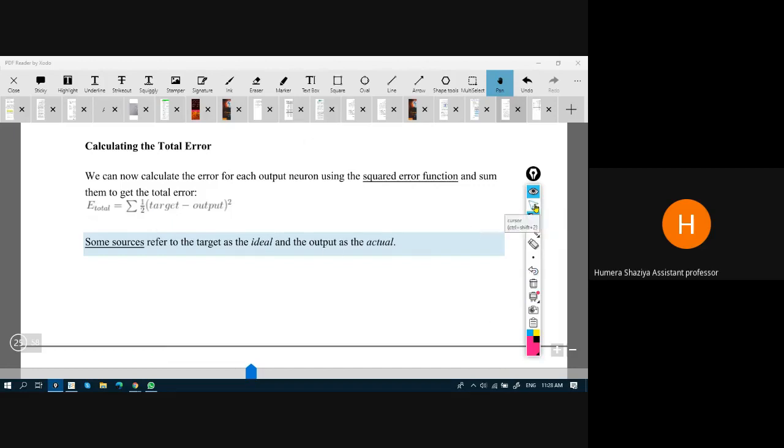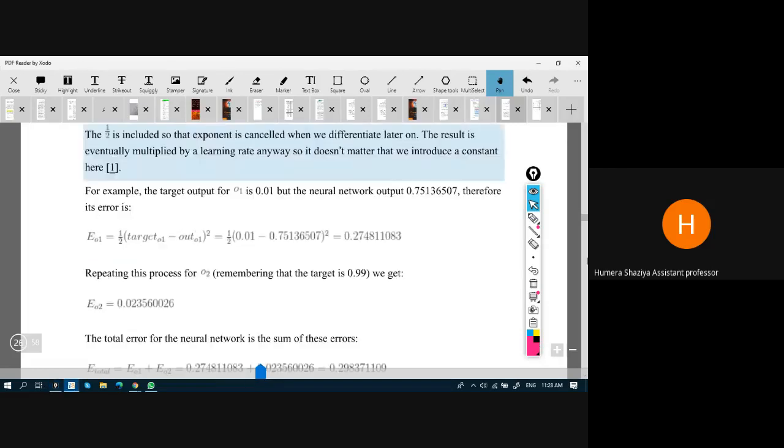All right. Then we get error of O1. Error at O1 is this value. If you substitute the values in that equation, we get this.